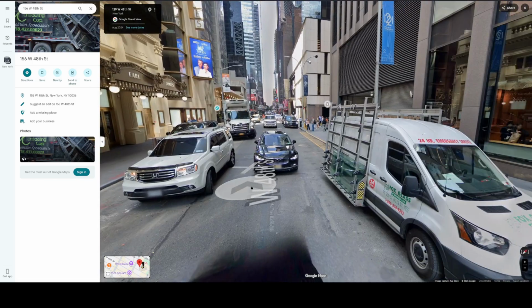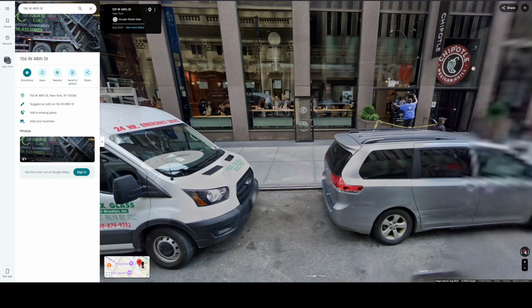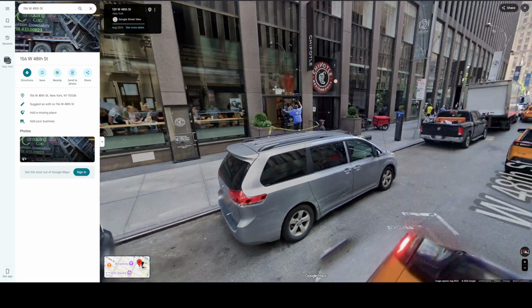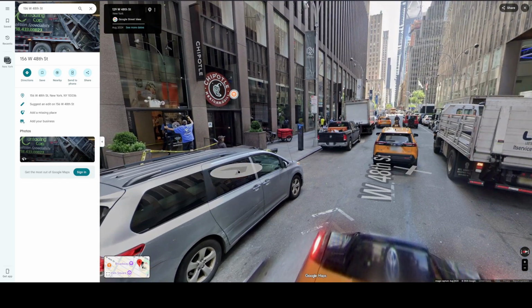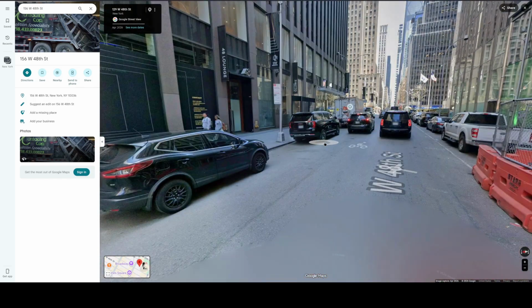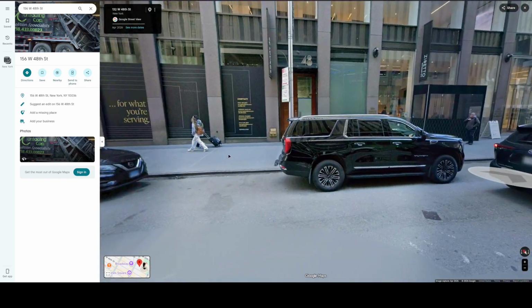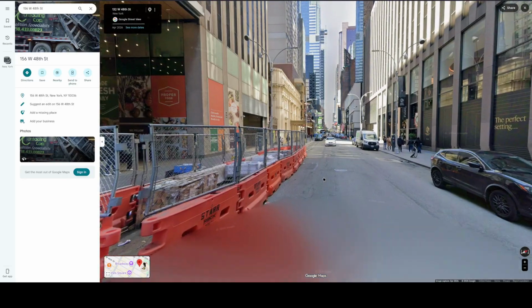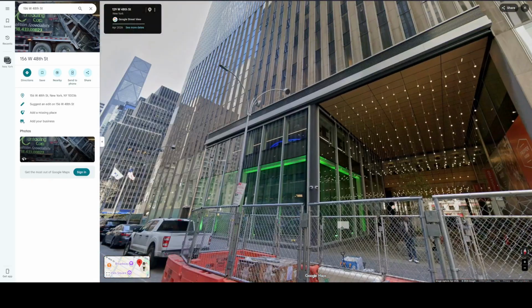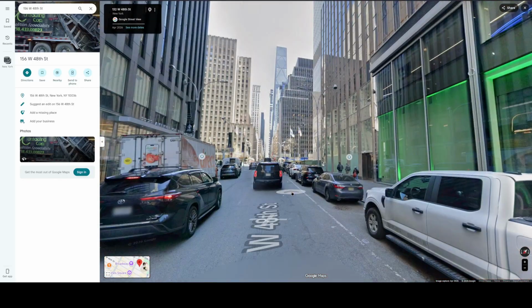So this is, okay, West 48th Street. Okay, so this is so unrecognizable to me that I'm kind of disoriented here. I'm looking for a shitty looking hotel because I remember that's what it was.